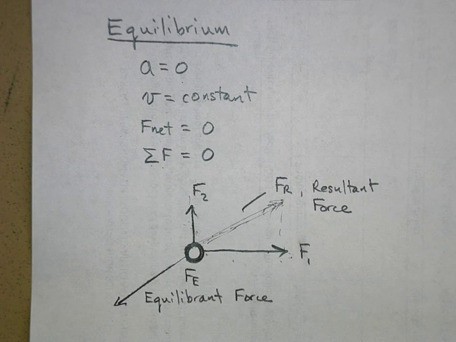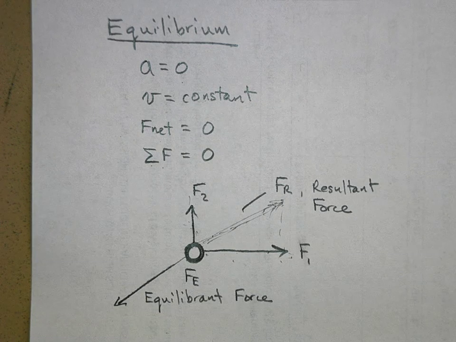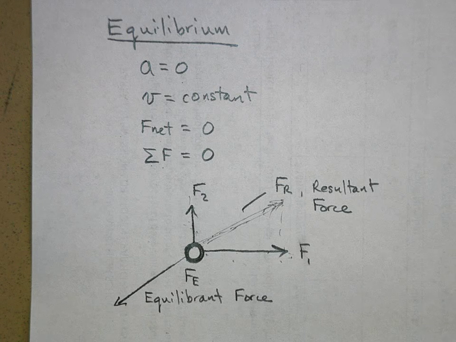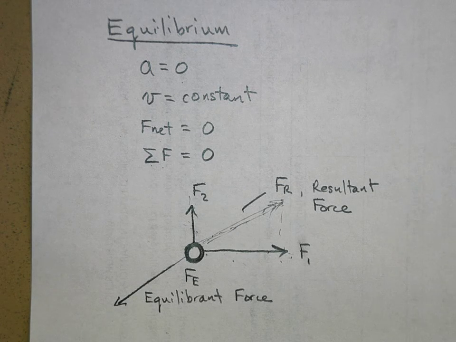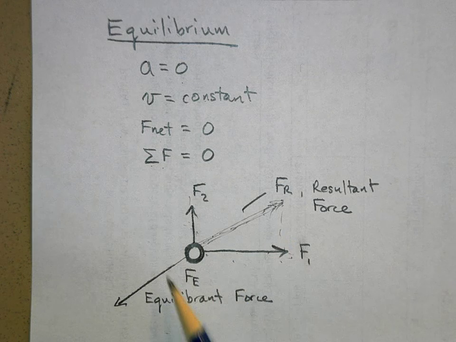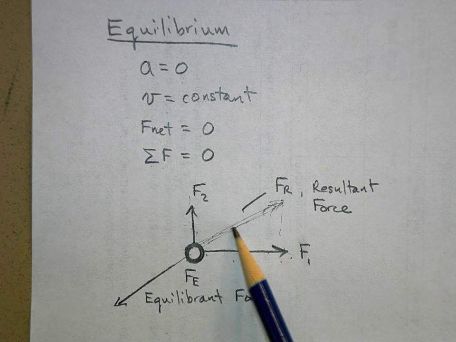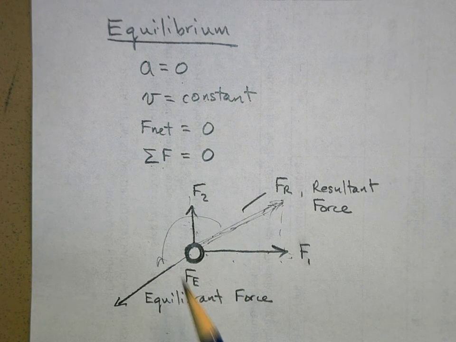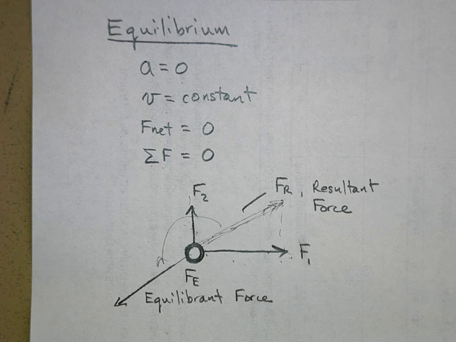If it is, that means when you add up all the forces, you get 0. And then you're going to have to solve for some unknown force. Okay, that's all there is to it. So it's not that big a deal. But the book does talk about resultant forces and then equilibrant forces. And it's just the resultant force plus 180 degrees to the angle of it, and you've got it. Okay?